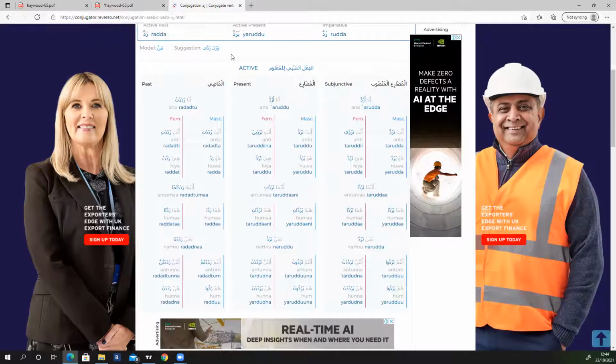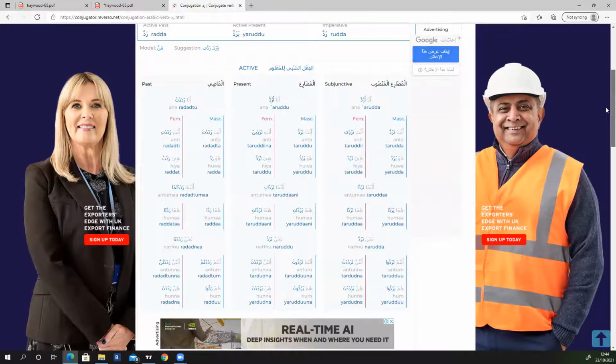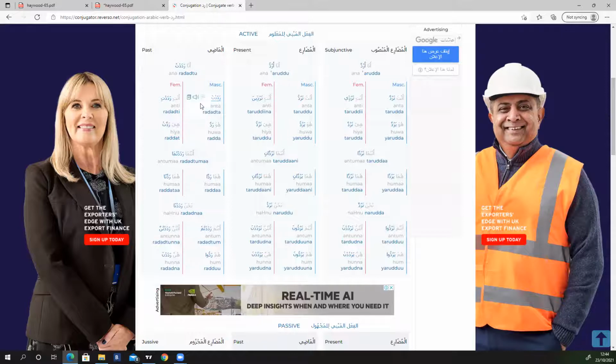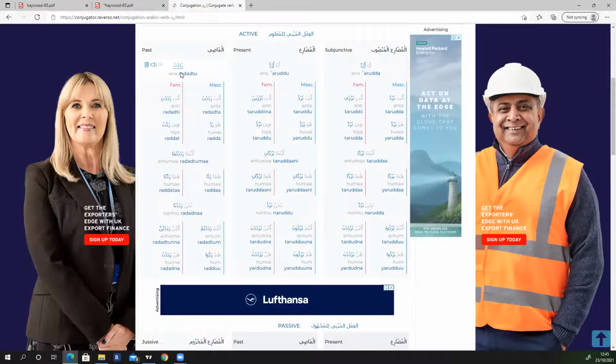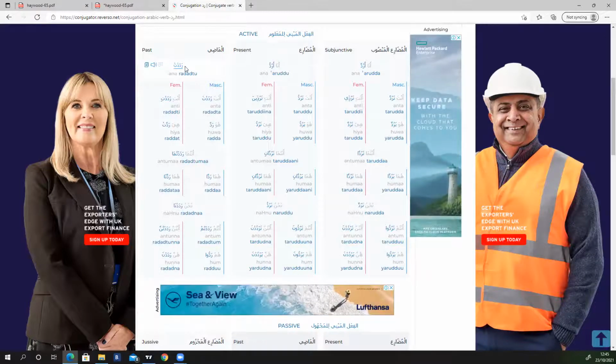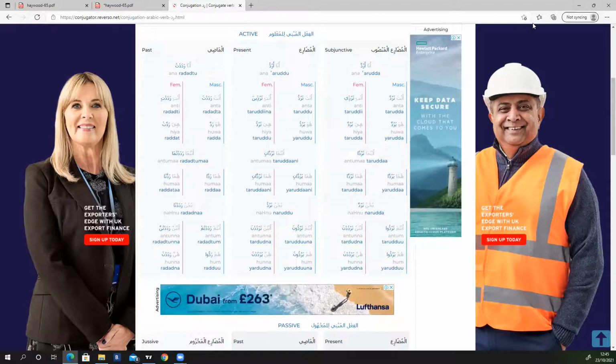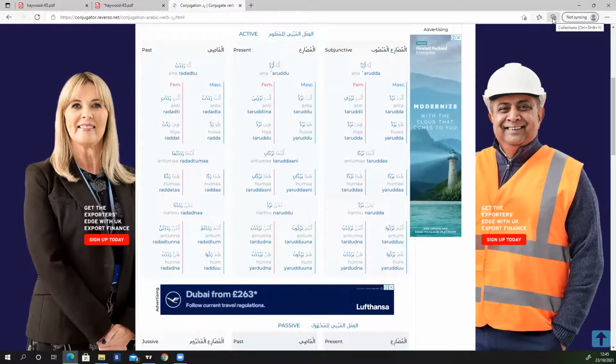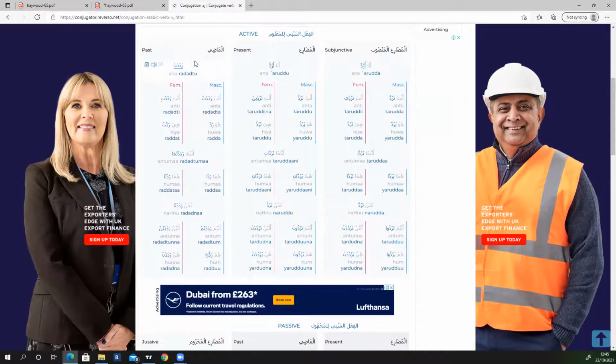Yes, sir. Can you see the verbs? The website? Can you see the website? Yes, sir, I can see the website, but I can't see the word clearly. Okay, obviously when you pull it up, you could probably see it properly. I'm just showing that it's there. I'm not sure how to make this bigger quickly, so it's probably not worth doing too much.